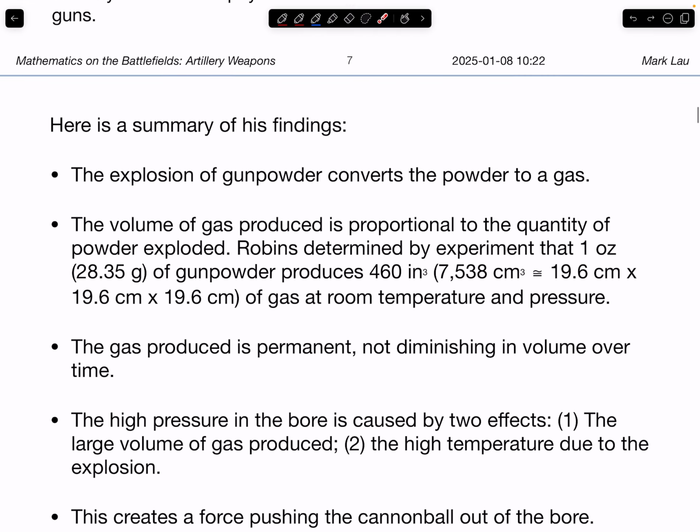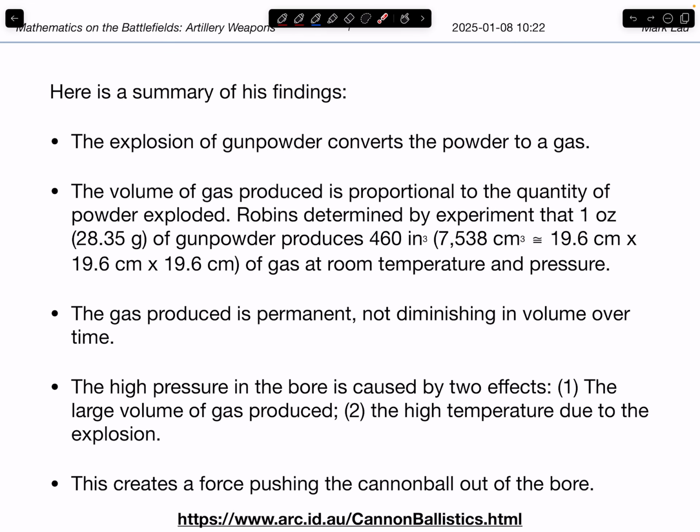Here's the summary of his findings. The explosion of gunpowder converts the powder to a gas. This seems pretty obvious. The volume of gas produced is proportional to the quantity of powder. This is also obvious.